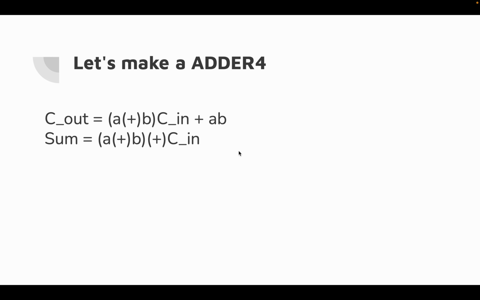So to start out, we make our full adder. The carry out, C out, is equal to A OR B, plus Cn OR, plus AB. And our sum is going to be A XOR B XOR the carry in.